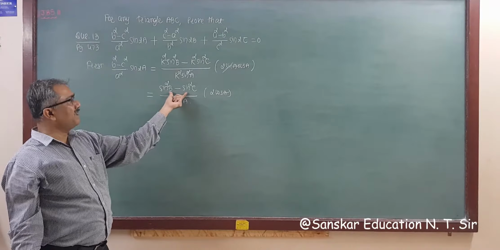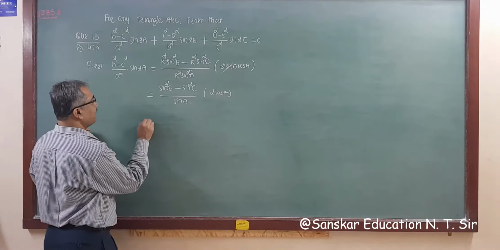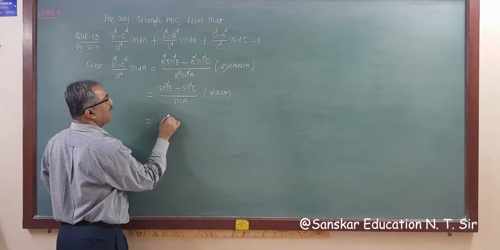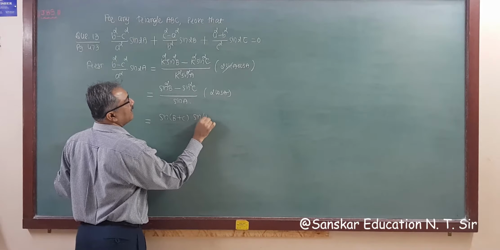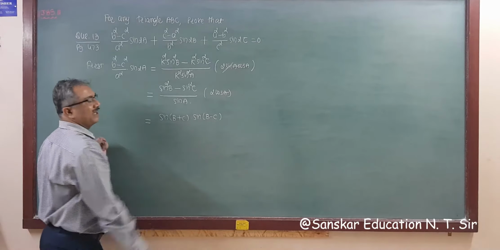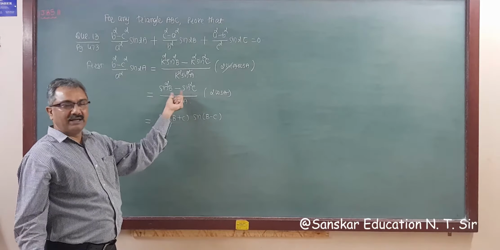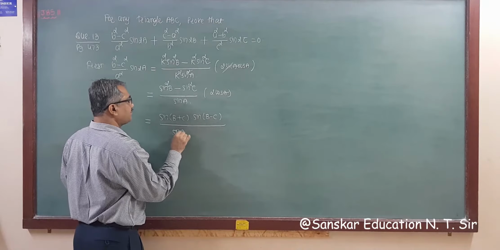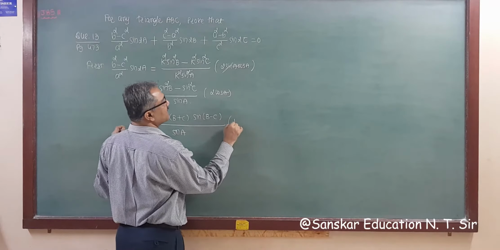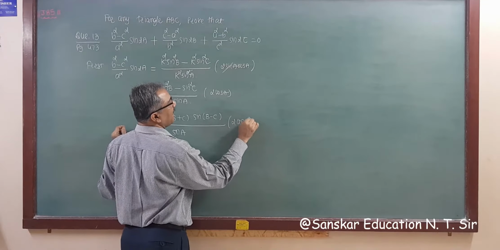Now sine square b minus sine square c, that is sine b plus c into sine b minus c. I am not writing formula, this is simple formula, whole upon sine a into this is 2 cos a.